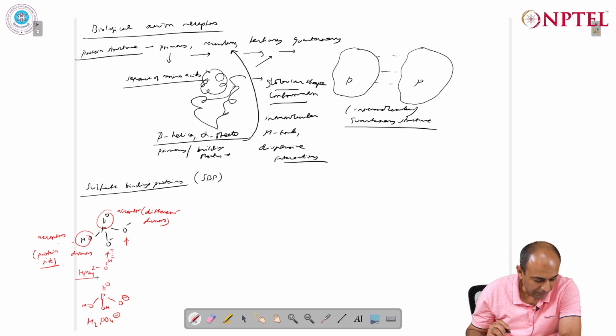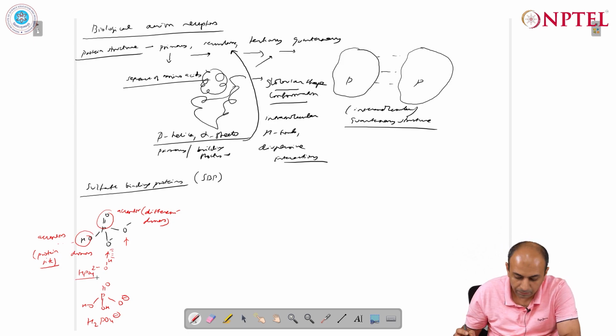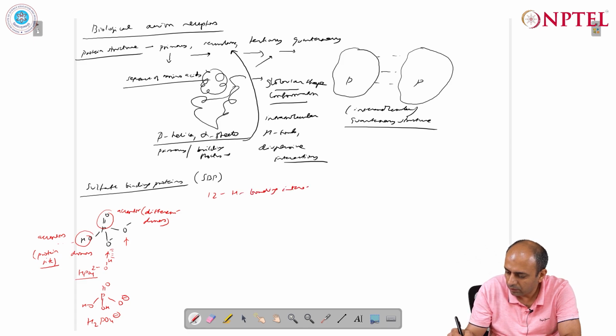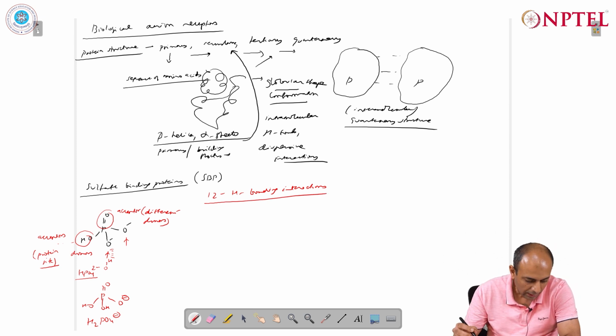So, these kinds of species are present, and what has been observed in the case of sulphate binding proteins, there is a specific case where it has been shown that in a particular protein at the active site the phosphate is surrounded by 12 hydrogen bonding interactions, out of which, these hydrogen bonding interactions are such that N/O dot dot O. So, you can have NHO or you can have OHO hydrogen bonds.